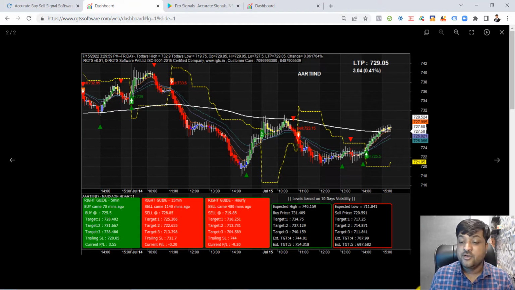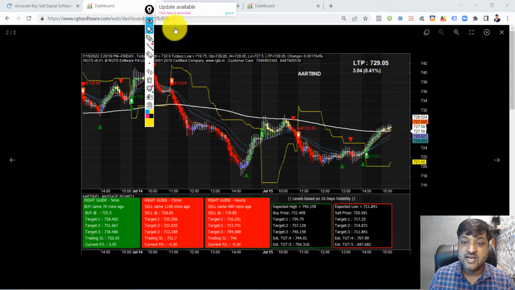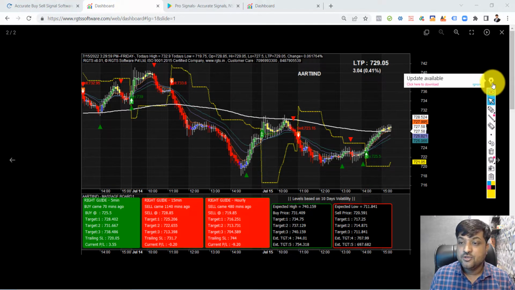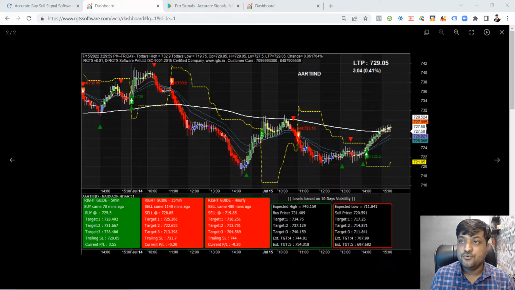Okay. So I'm going to explain step by step each and every tool of the chart, right? So first of all, if you see, there is one yellow line. There is one yellow line crossing the candle from below to above. After some time the yellow line crosses the candles from above to below. So these are the candles, right?